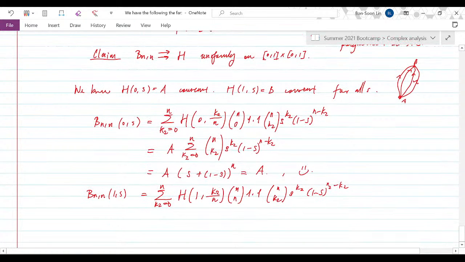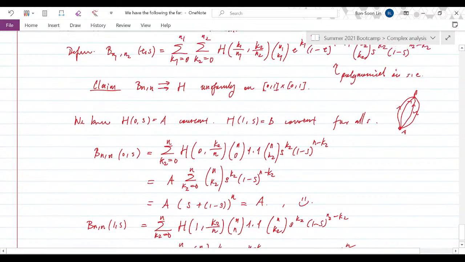People don't talk about the Bernstein polynomials, but these are very nice constructions to solve the problem. Wow, this is just amazing. Didn't even expect this. Now H(1, ·) is a constant b, because H fixes the other endpoint at b. And of course the rest is n choose k2 of s to the k2, (1 minus s) to the n minus k2. Again, we recognize that as the binomial expansion of (s plus (1 minus s)) to the n, which is 1 to the n, so that is equal to b.